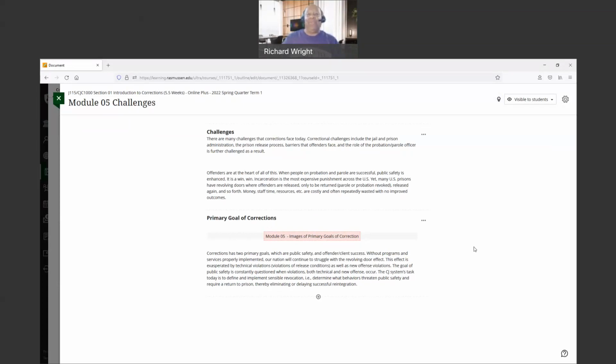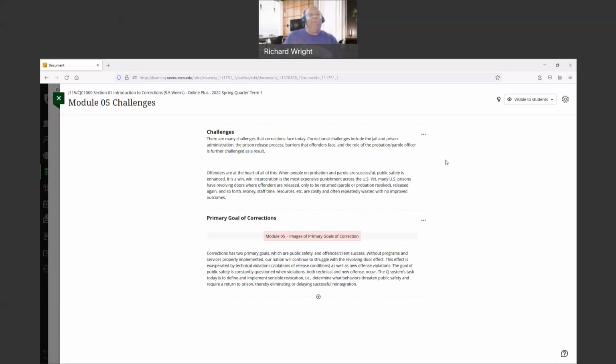As correction officers and correction administrators, you have the responsibility of making sure that those individuals are being prepared to return back into the community.